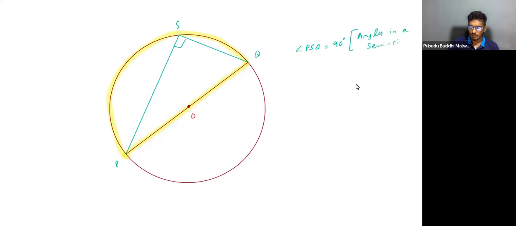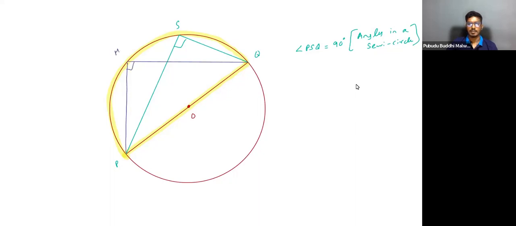You can use that to solve problems. It doesn't really matter which point you use. For example, one can draw a triangle like this, PMQ.